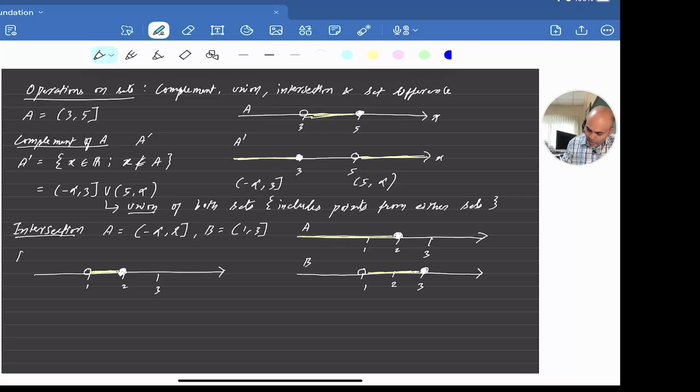So A intersection B is equal to the half open interval (1, 2]. So intersection is a set that includes points common to both sets.